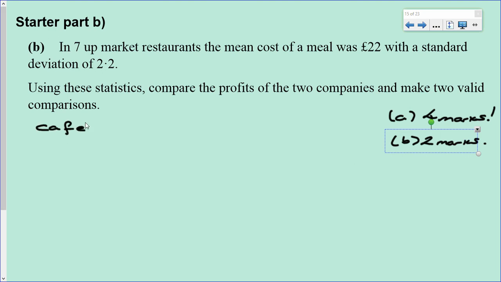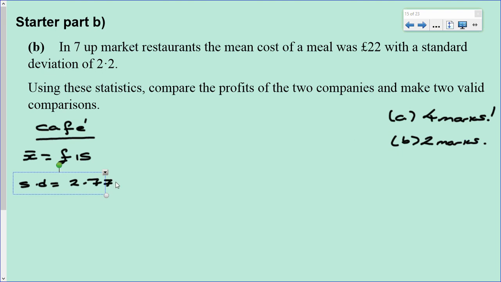So the first thing I'm going to do is write my information that we did in our starters. The context of part A was a cafe style restaurant. So we've got x bar, our mean, equals 15, and my standard deviation we worked out as 2.77.